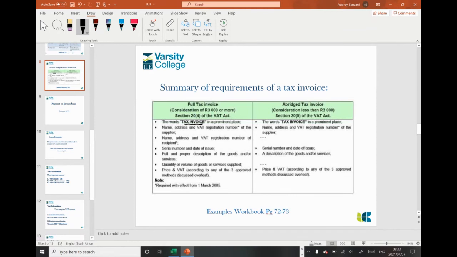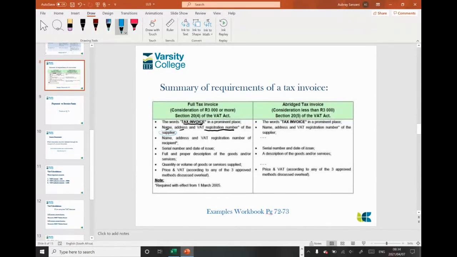Usually, if you look at your receipts, you'll see that tax invoice is right at the top, and it's in bold. Then, secondly, what else do you need on a full tax invoice? You need the name, address, and registration number of the supplier, the person who is selling the goods.